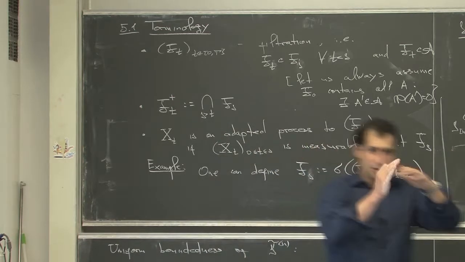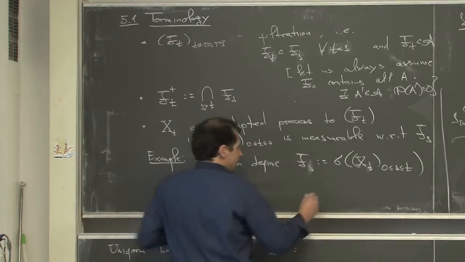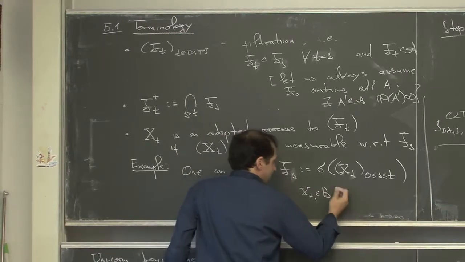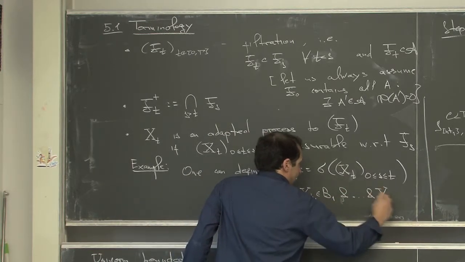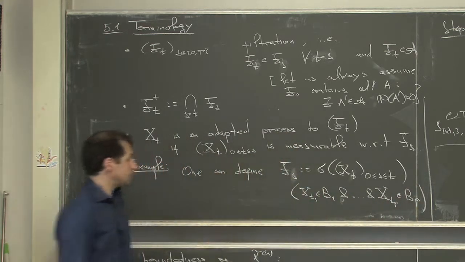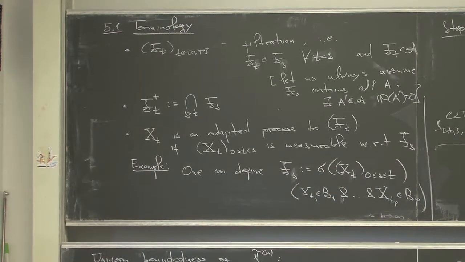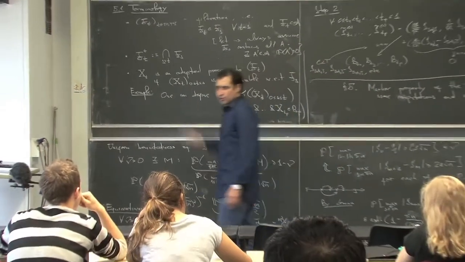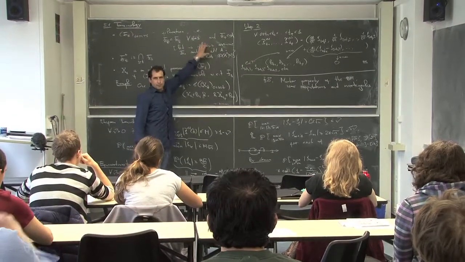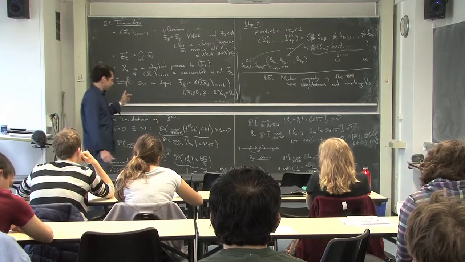You just take any fixed collection of times, and the basic measurable sets are like X_{t1} is in B1, and X_{tp} is in Bp. Consider events of such sort. We want also to add all events of probability 0. It's always useful, and right now maybe it's not of importance, but let us assume that we always add everything. That's always complete.